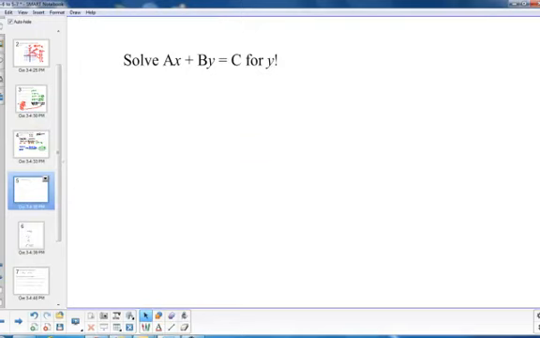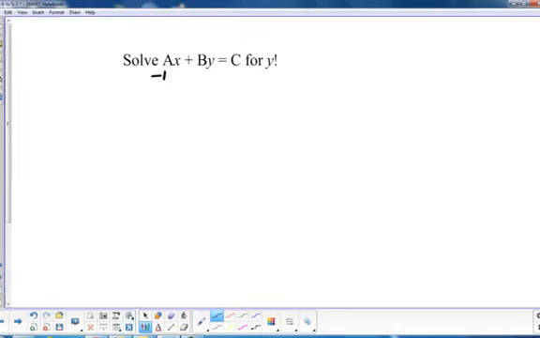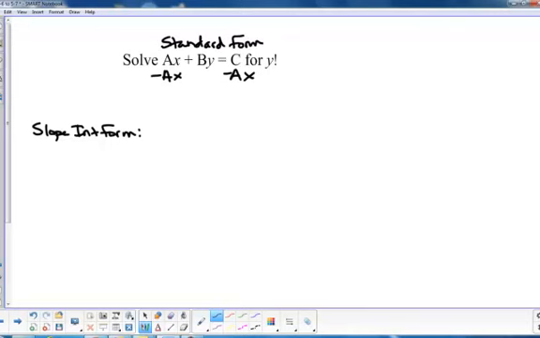So if we're going to just solve with letters for y, we would subtract ax. So we're going to put this into slope-intercept form. This is standard form. So by equals negative ax plus c.